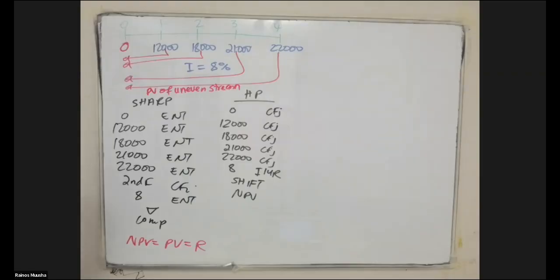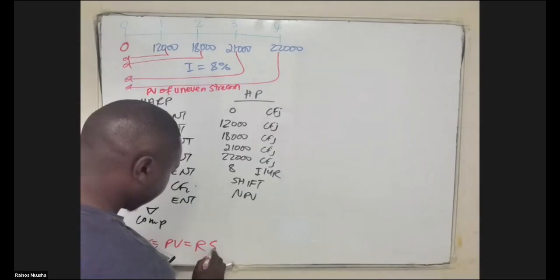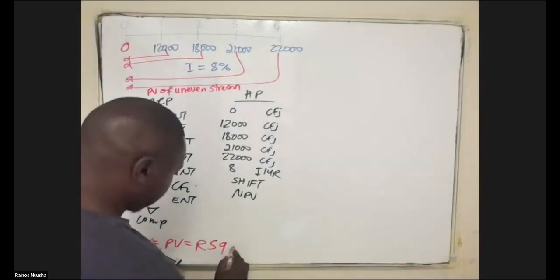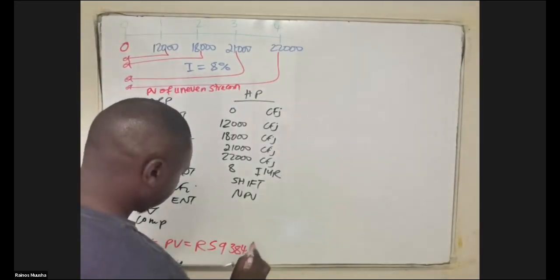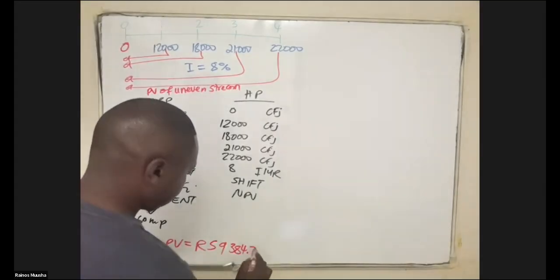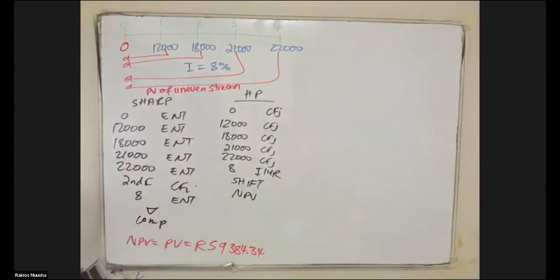So you get a present value of 59,384.34. Are we getting the same amounts? Any questions? Anyone lost?